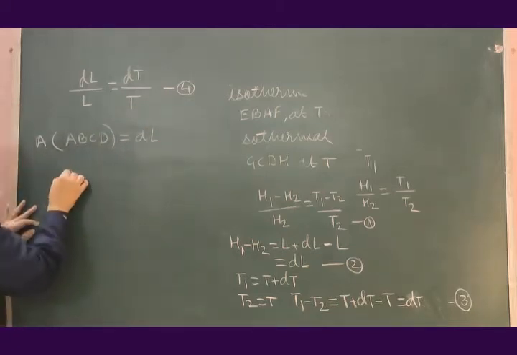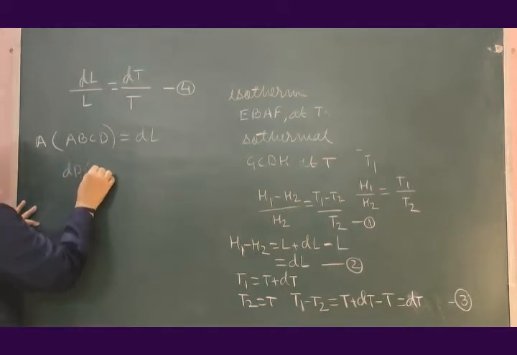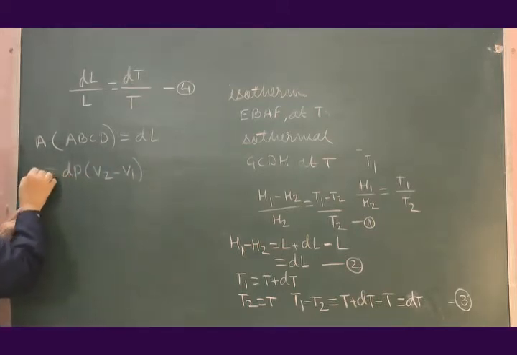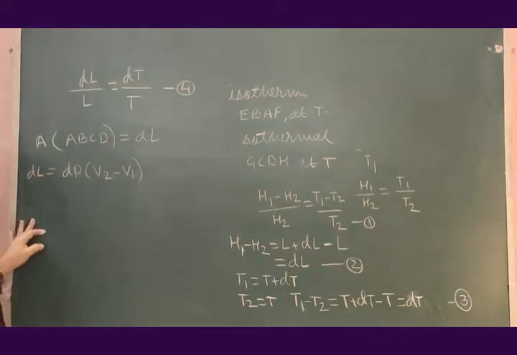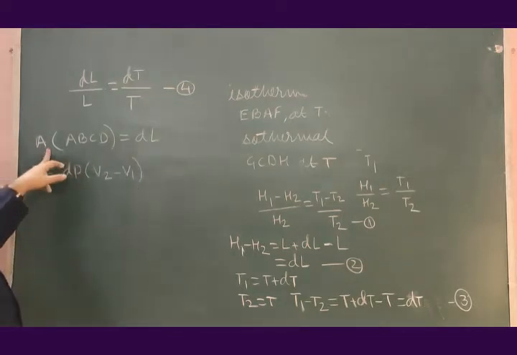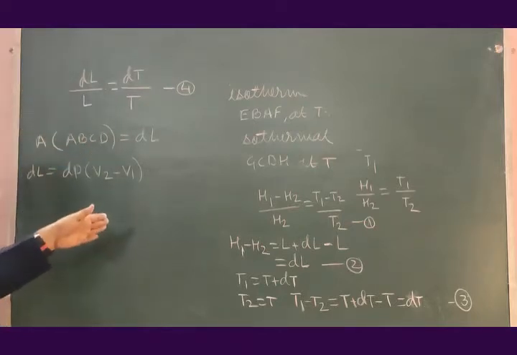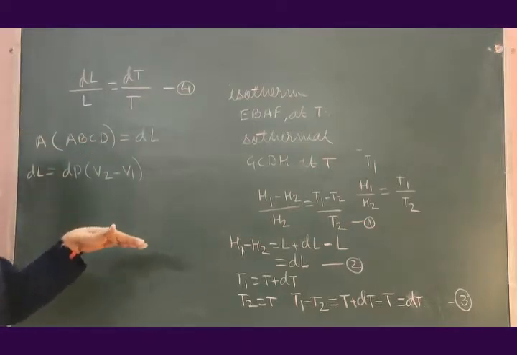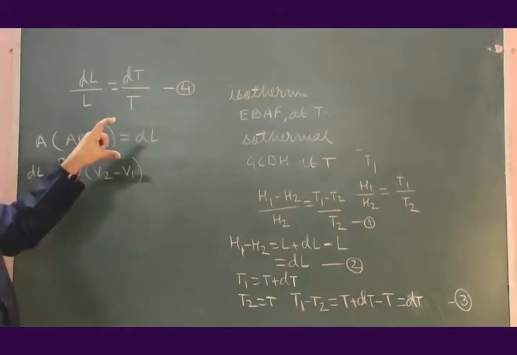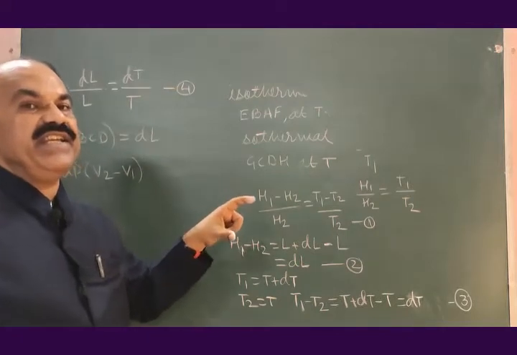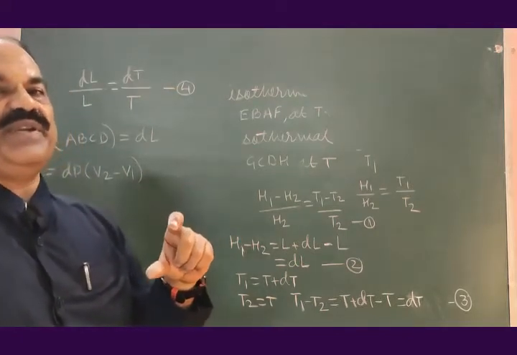And this is dp into (V2 minus V1). From the figure, dl is the area of ABCD, that is nothing but height multiplied by width. Height is dp, the distance between AB and CD, the pressure difference dp.